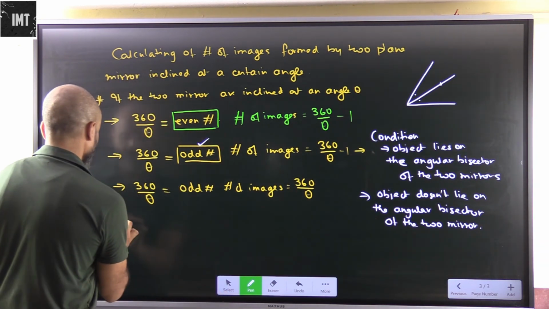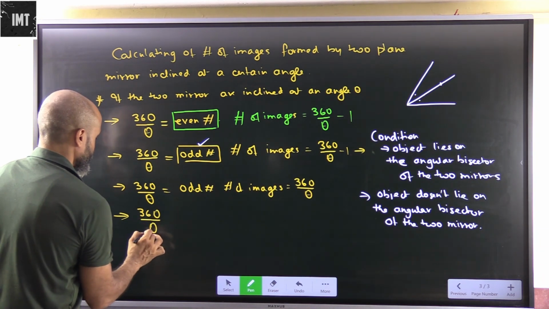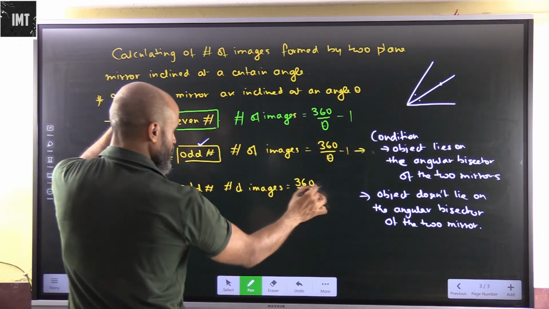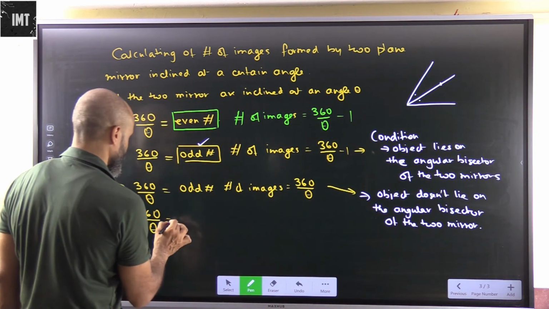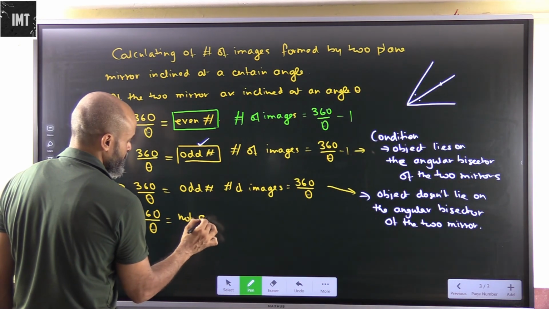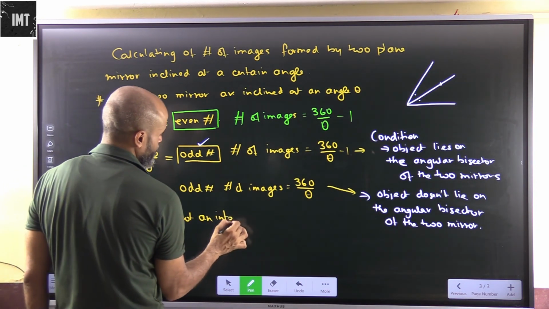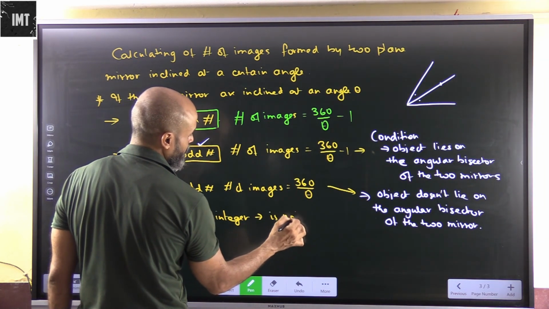This will be applicable if the object doesn't lie on the angular bisector. If 360 by theta is not an integer, then we cannot apply this formula. This formula is not applicable.